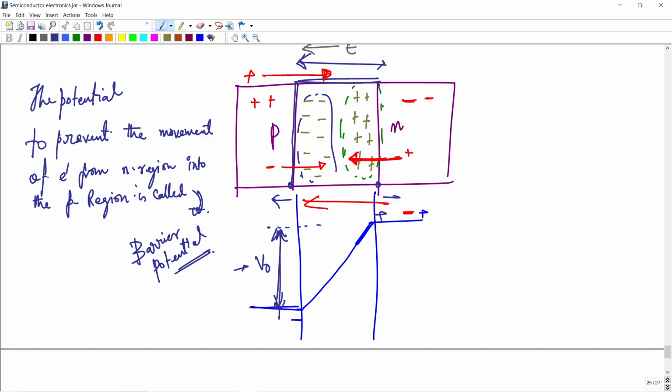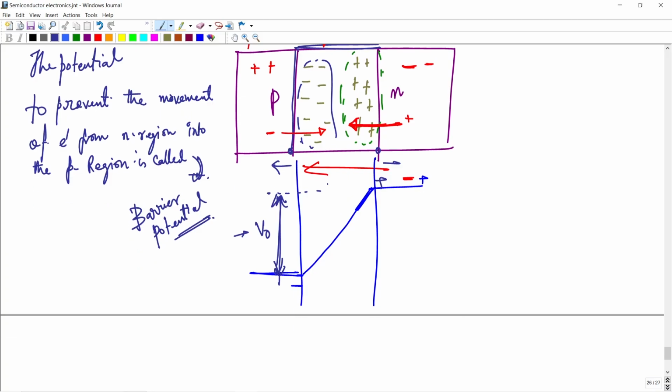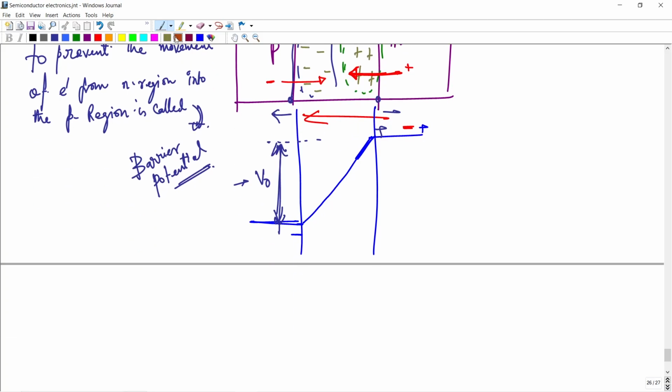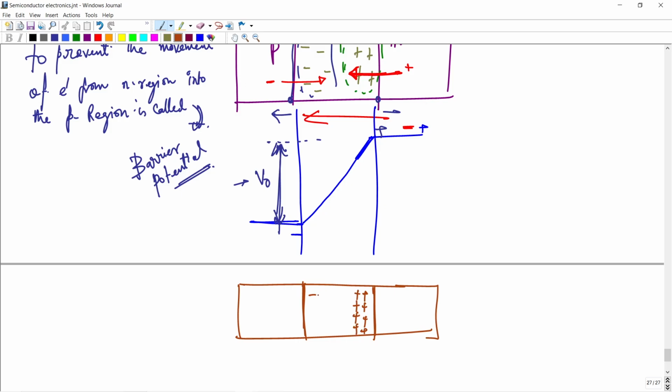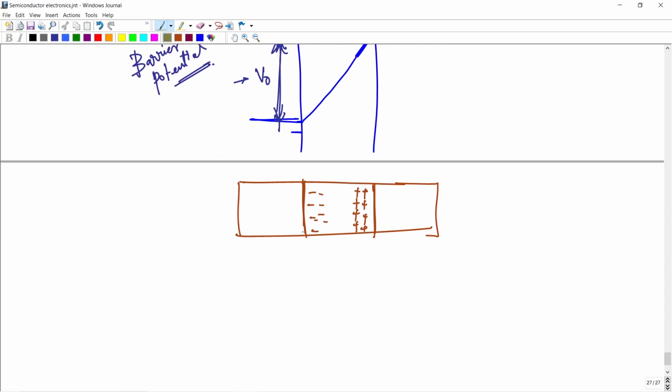And this is the schematic diagram. Now it looks like this. From the depletion region, here is more positive and here is negative. This region is called the depletion region.